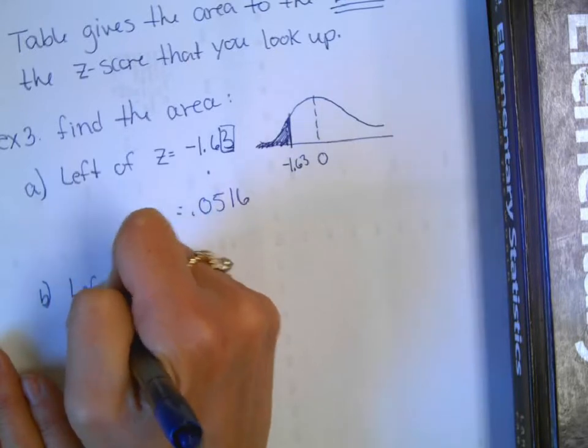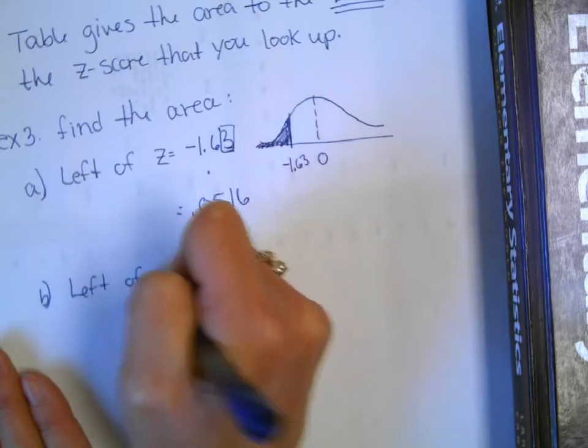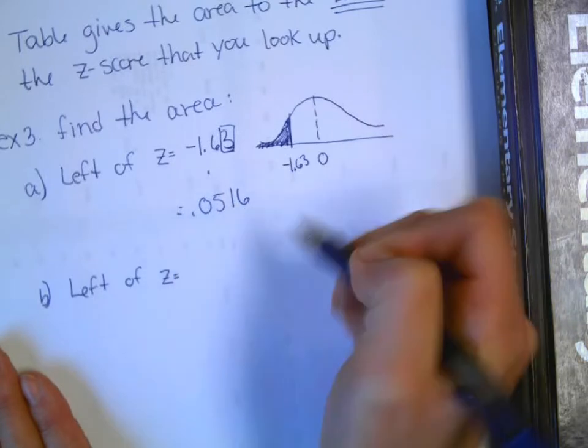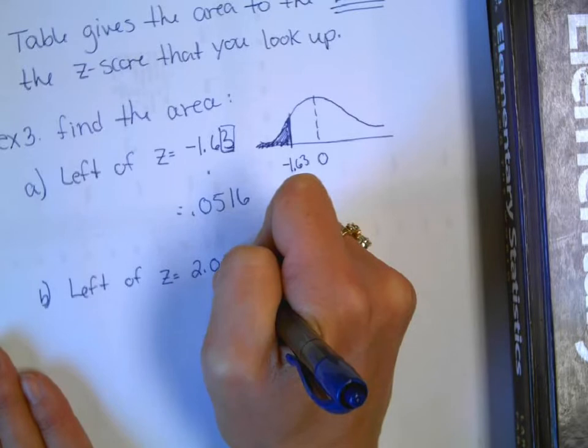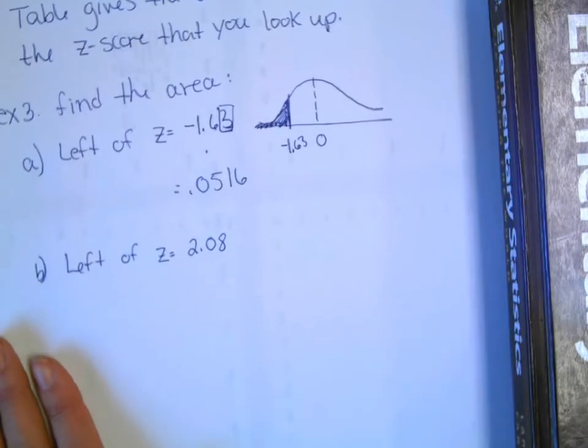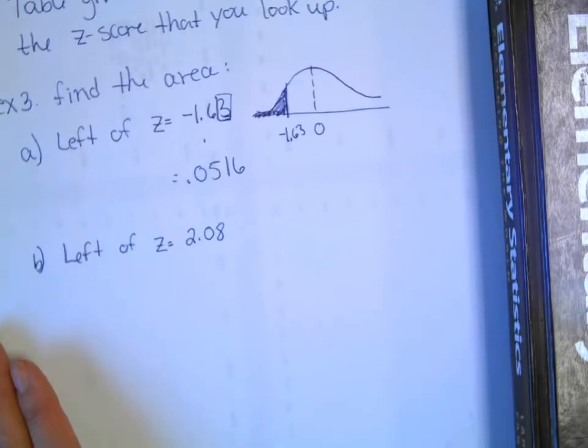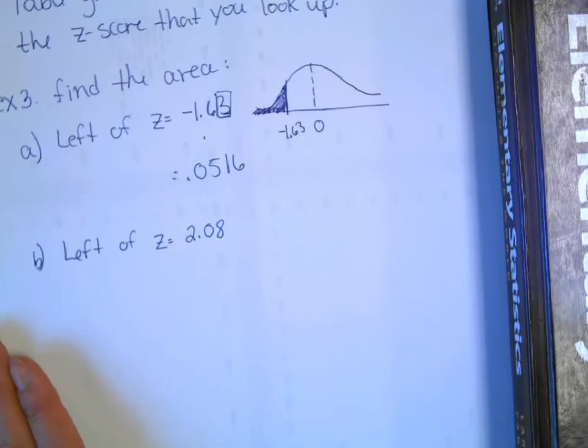Do I need to draw that out now? Left of z equals 2.08. That's a positive 2.08.